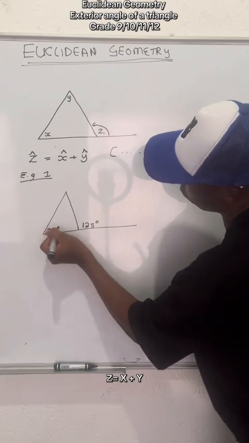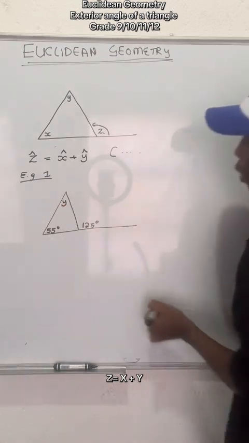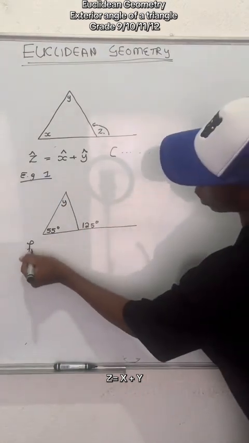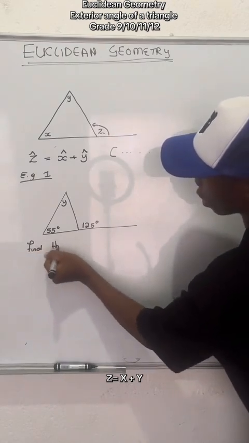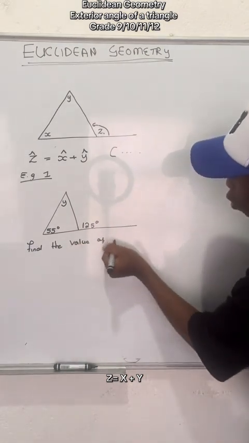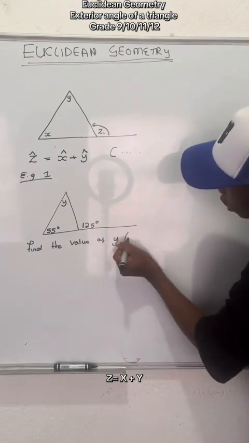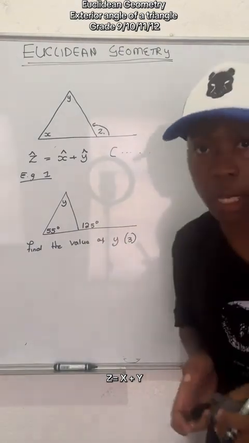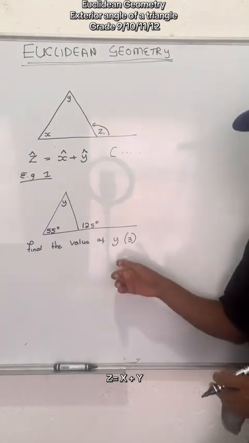Then I say find the value of Y. Then I say this is 3 marks. In the comment section, please find me the value of Y.